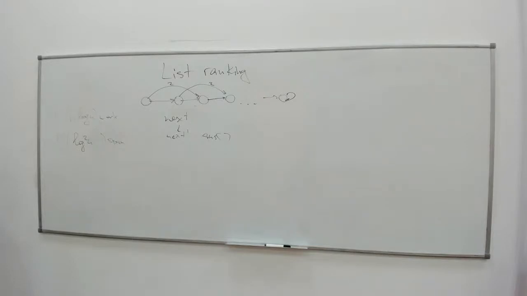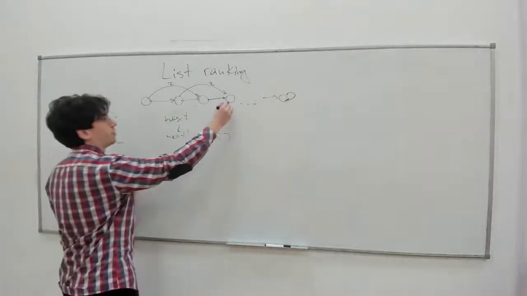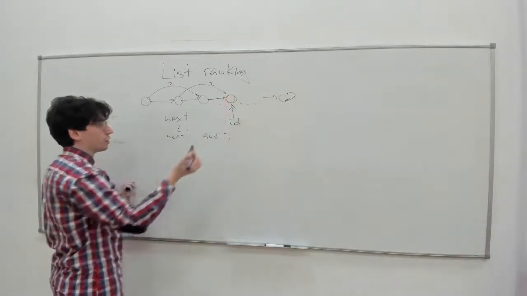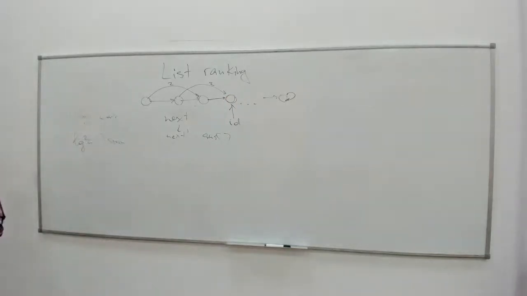Yes, you have the pointer, like an ID, which points to this node, for each node. We can do that if we want, but in linear span. Why? We still need to traverse the whole list to save these pointers.